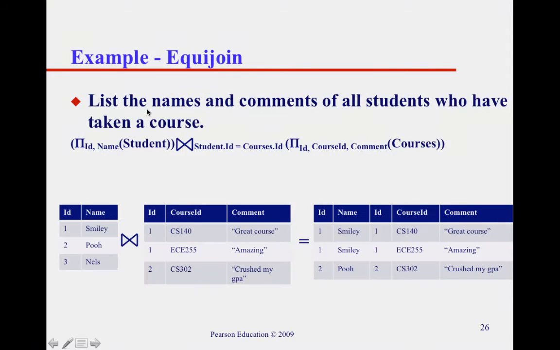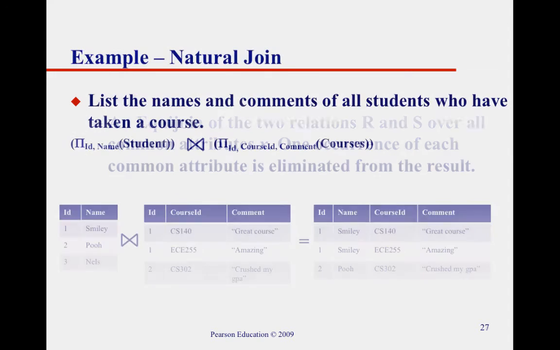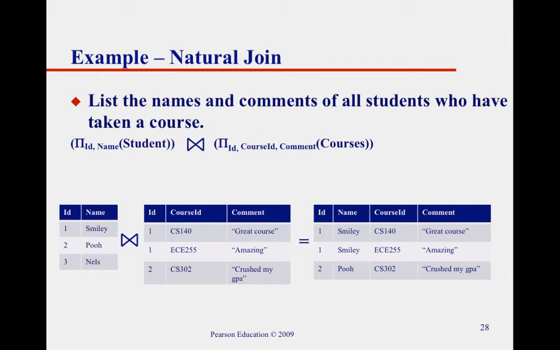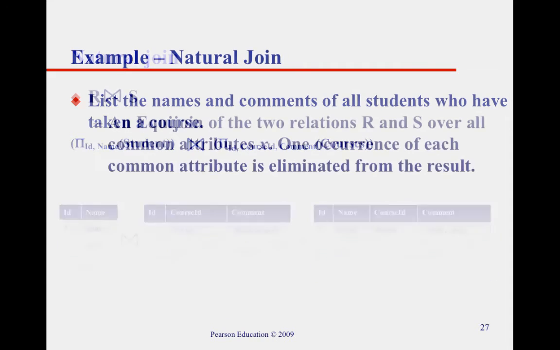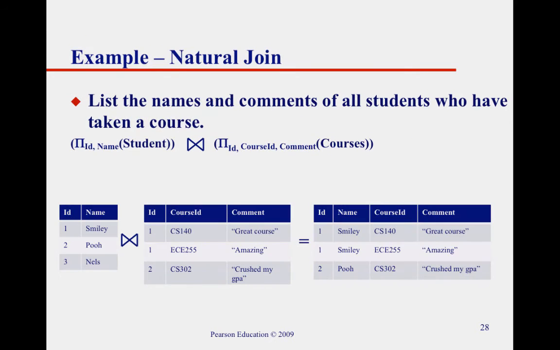But with a natural join, it's just assumed that it's an equality predicate on each of the common attributes. So here's one where we're simply joining on the student ID. It's actually just like this equijoin, but it is more succinct because the student ID was the common attribute.